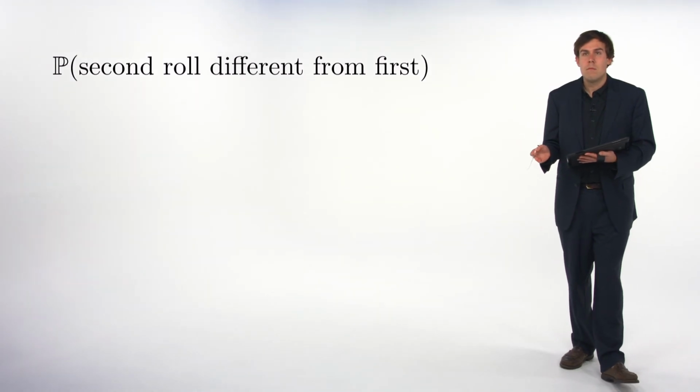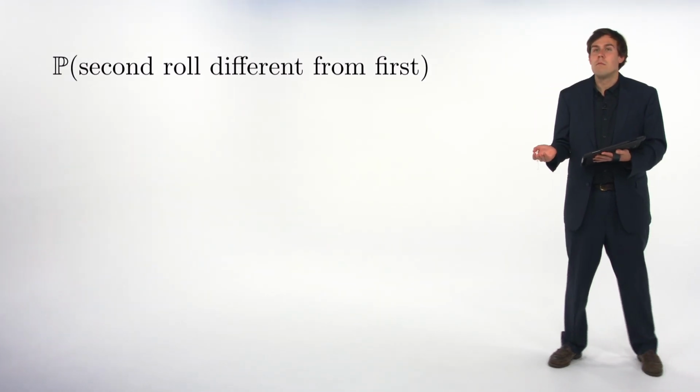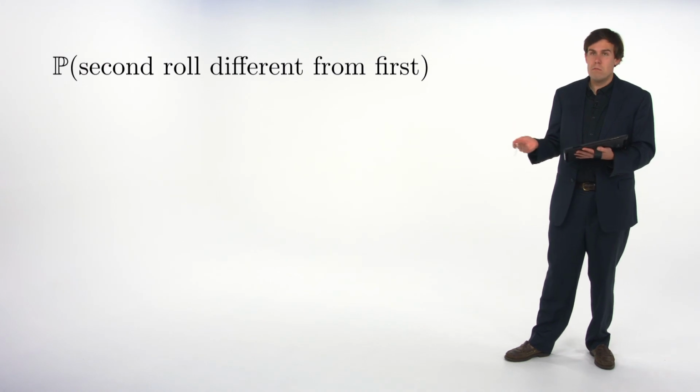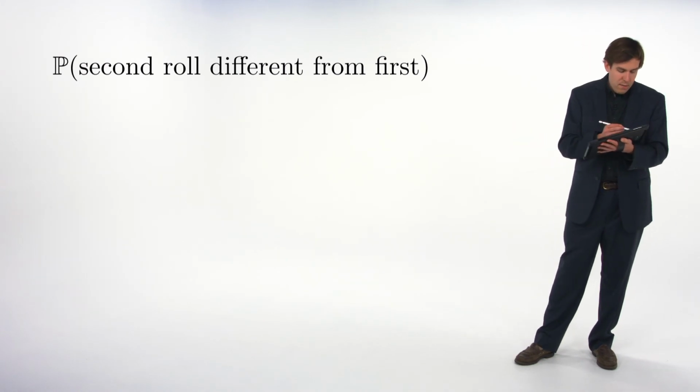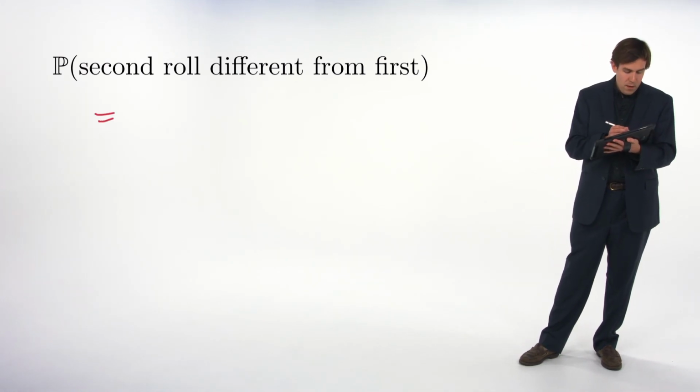Here's another kind of tricky problem. What's the probability the second roll is different from the first? So I roll a 2 on the first roll. What do I need in the second roll? Well, I need anything but a 2. So again, one doesn't even need to think about the first roll. I think this is clearly 5/6.